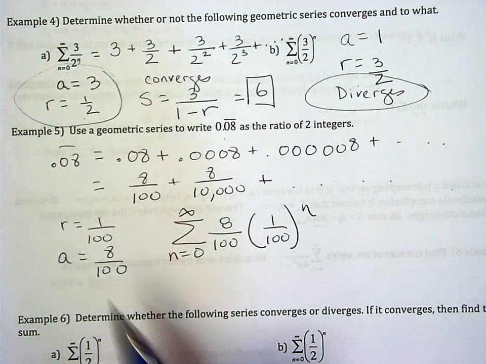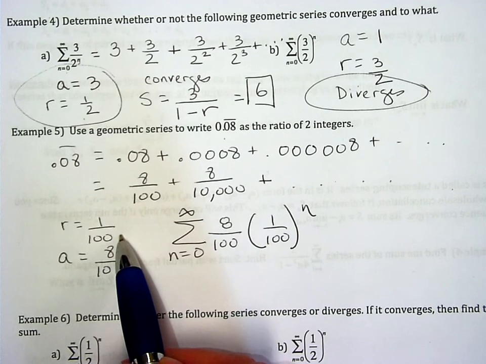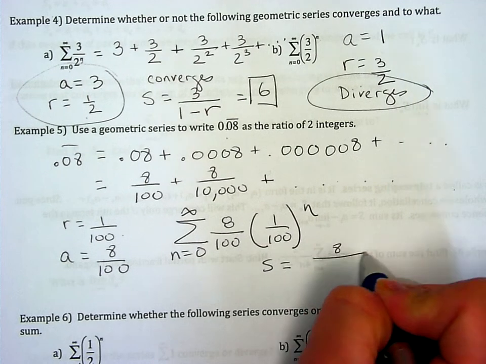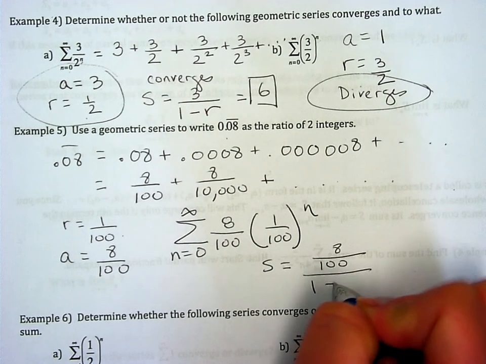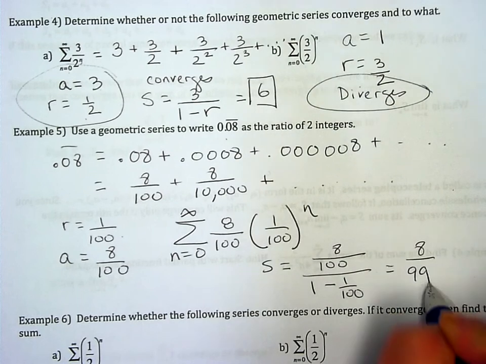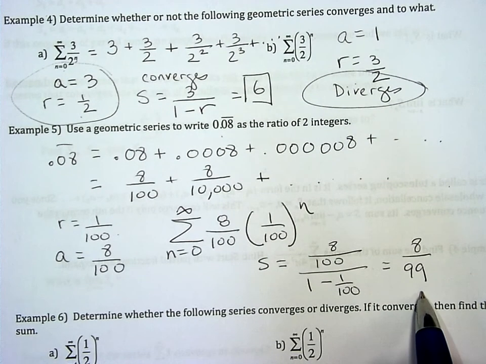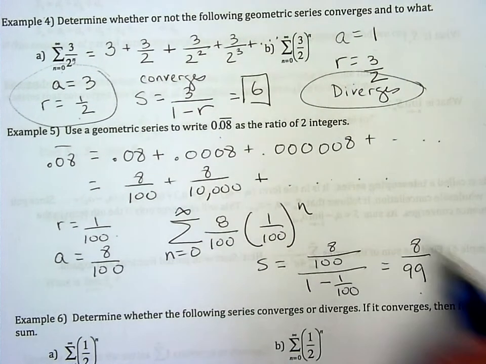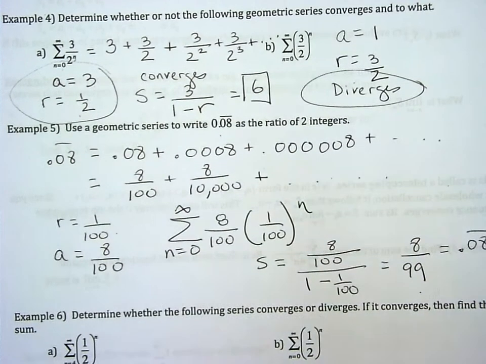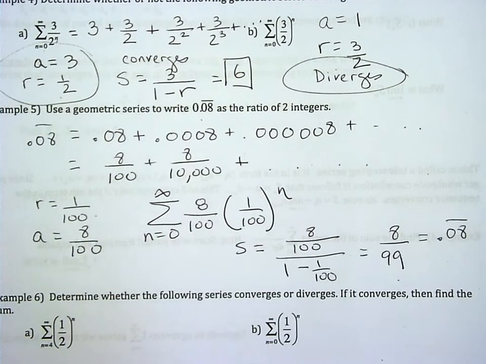I know this is going to converge because the absolute value of R is less than 1, so it will converge to whatever A over 1 minus R is, and if you simplify this, this is 8 over 99. If you type in the fraction 8 divided by 99 on your calculator, you will see this is the same as the decimal 0.08 repeating. So a repeating decimal is a geometric series.